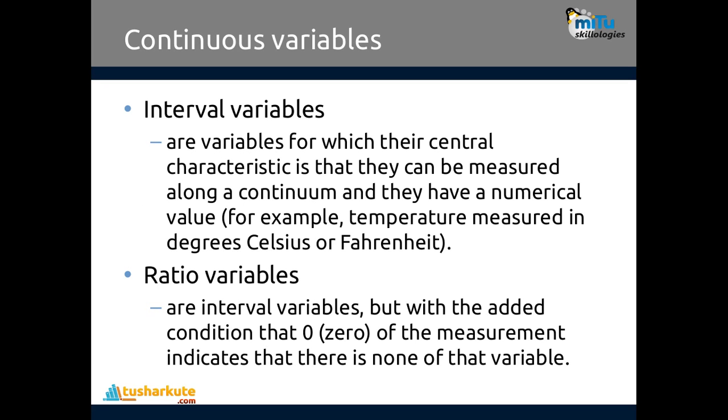Now in the case of continuous variables, we again have two categories: interval variables and ratio variables. Interval variables are those whose central characteristic is that they can be measured along a continuum and they have numerical values, for example temperature measured in Fahrenheit or degrees. Ratio variables are interval variables with the added condition that a zero of measurement indicates that none of that variable is present.